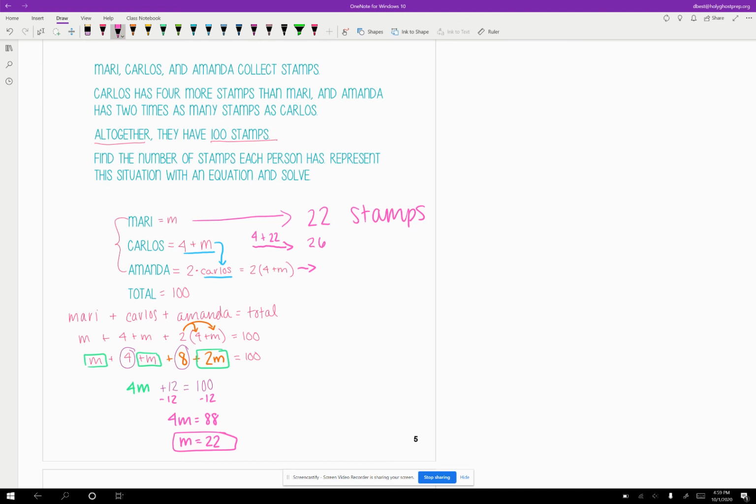And for Amanda, I'm doing 2 times (4 plus 22), or 2 times 26, which is 52. I can check my work by adding these all up together, and I confirm that I've got 100 stamps. So Mari has 22, Carlos has 26, and Amanda, the winner, has 52 stamps.